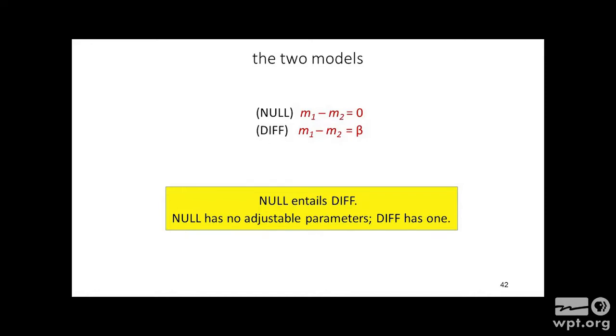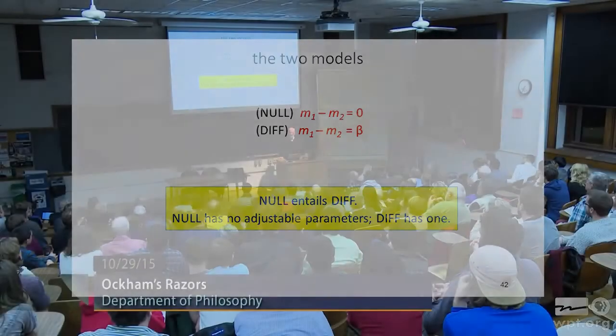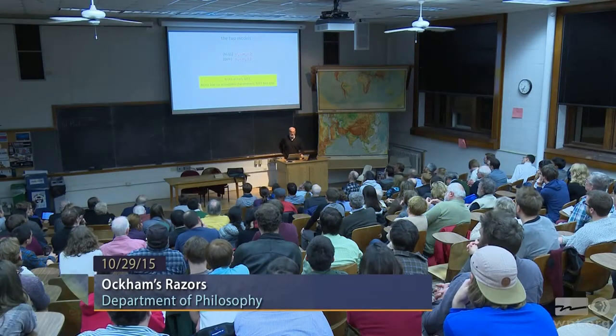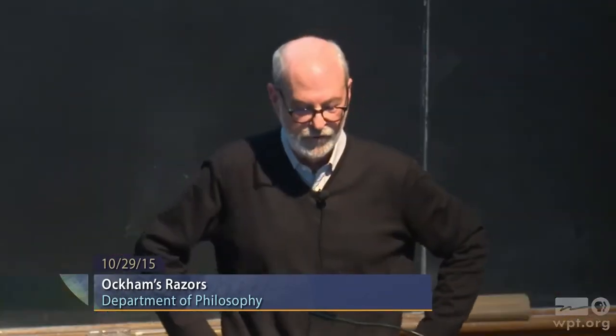And then there's this model called diff, which just says that there exists a number beta such that m1 minus m2 is equal to beta. Beta could be positive, it could be negative, it could be 0. So diff doesn't commit to very much here. Null is a more assertive kind of hypothesis. As I say, if null is true, diff has to be true.